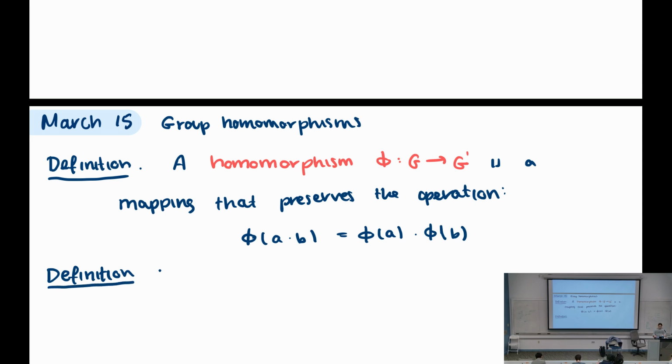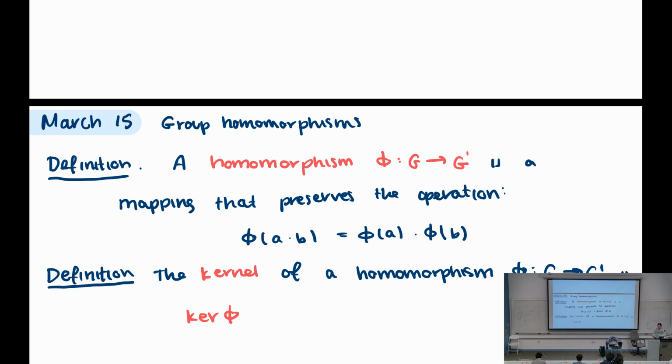So we'll say that the kernel of a homomorphism phi from G to G prime is the following set, and it's denoted ker phi.